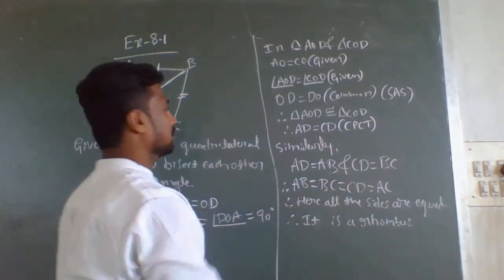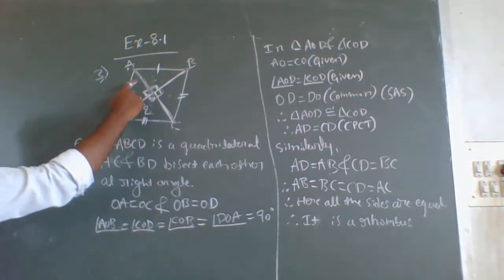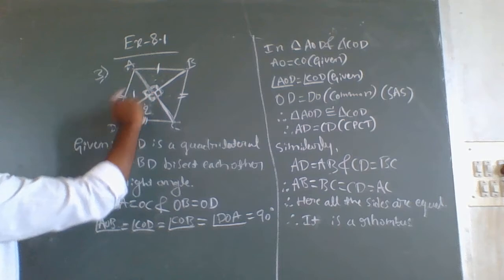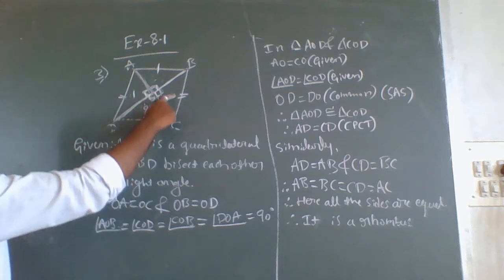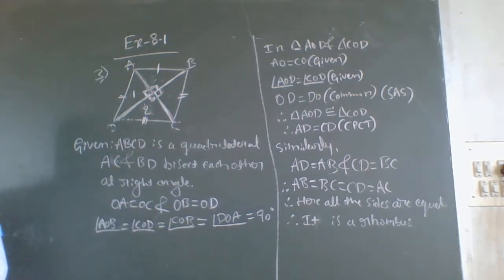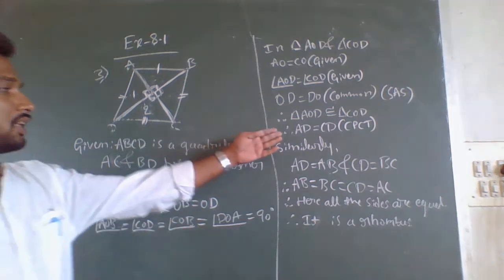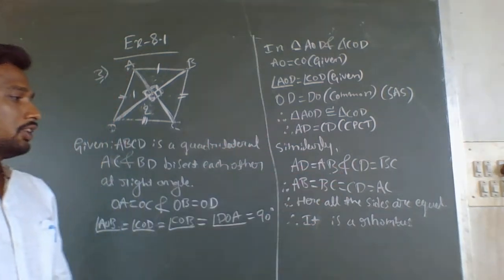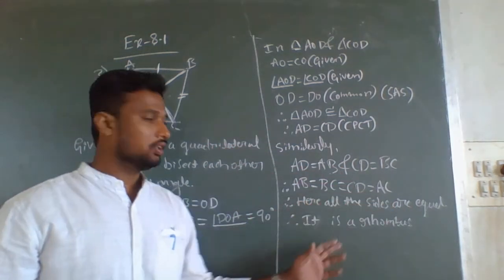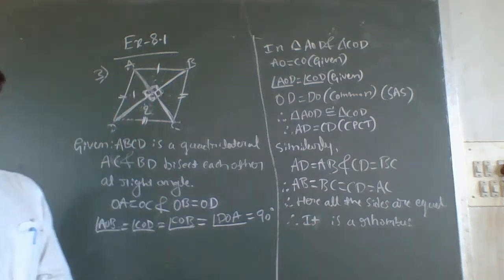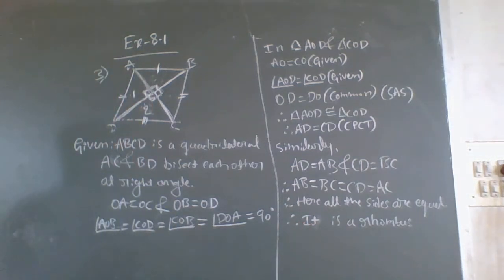Therefore, all the sides are equal, so it is a rhombus. We had to prove it is a rhombus. I hope you all are clear with this problem.